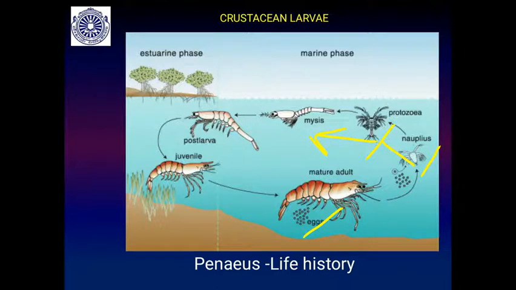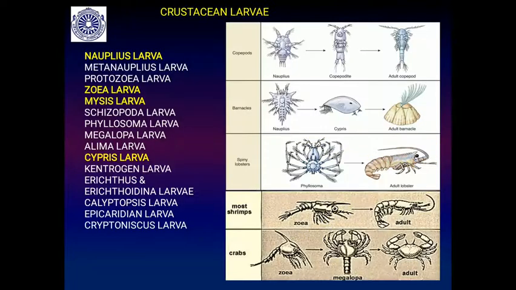This is an example. Likewise, in the class Copepoda, you can see the larval stages Nauplius, then copepodite. Similarly, in barnacles, the subclass Cirripedia, you will find Nauplius, cypris, then the adult stone barnacle.